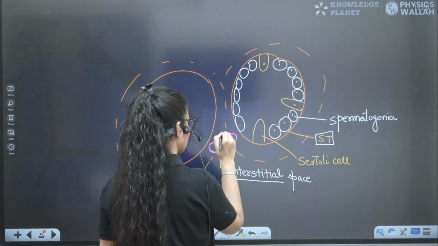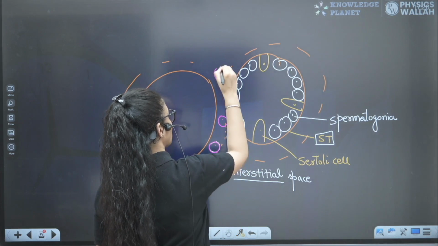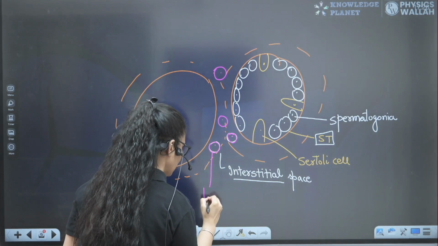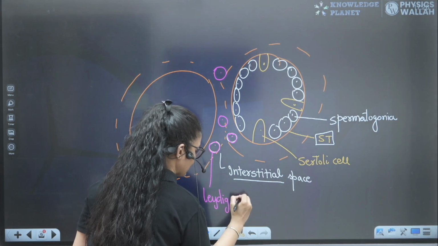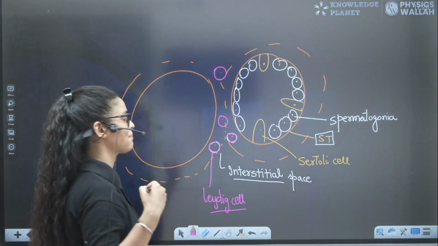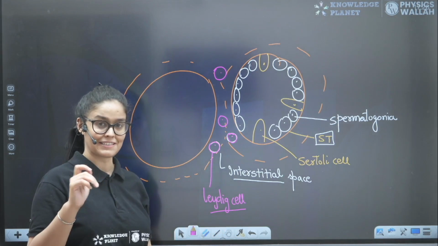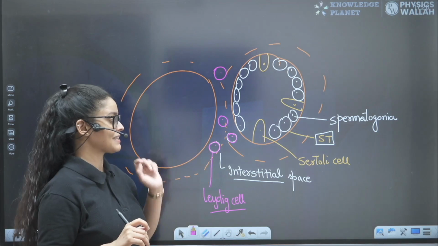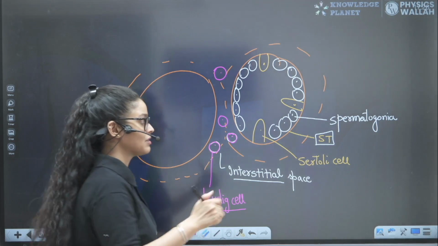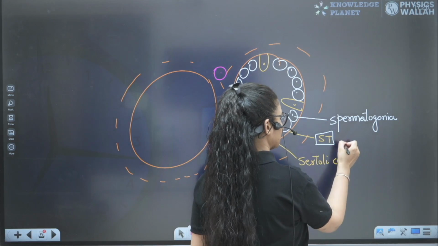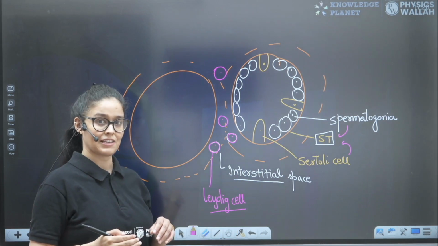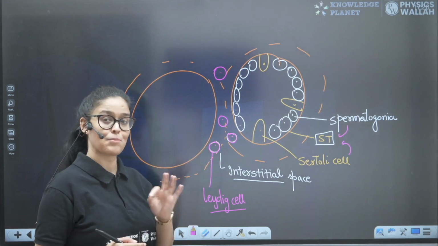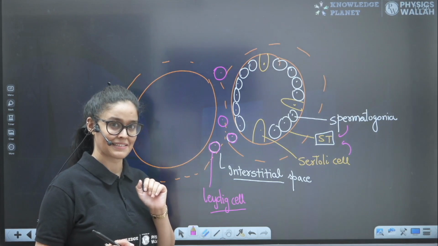So these cells present in the space outside the seminiferous tubule are known as Leydig cells, or we also call them interstitial cells because they are present in the interstitial space between the seminiferous tubules, right? So these two cells are present inside the seminiferous tubule, whereas this cell is present outside the seminiferous tubule. So these three types of important cells are present inside the testes, right?